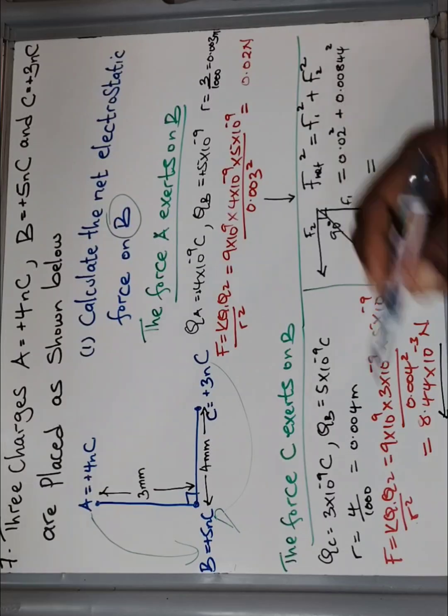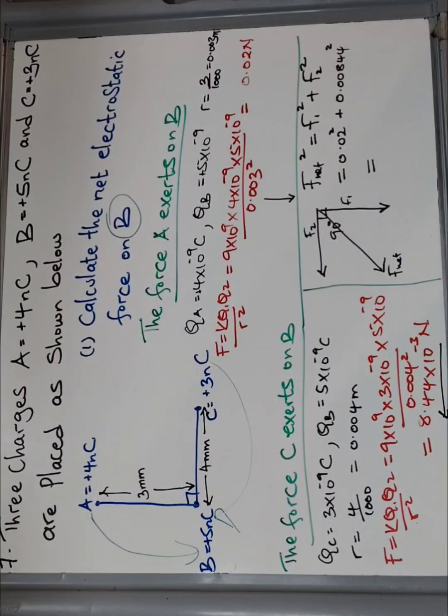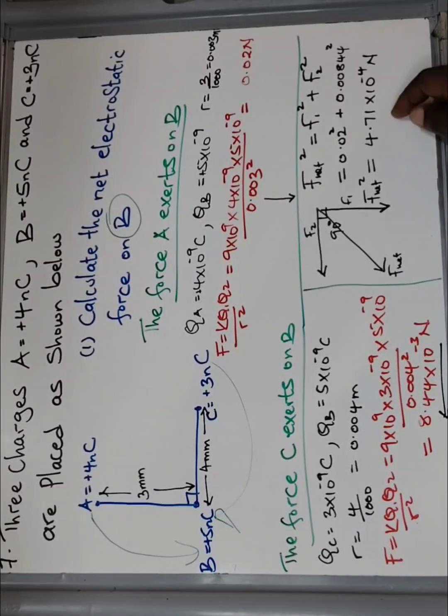And what do we get out of that? Let us see. So this is what we have. F net squared is equal to that. Next step is to find the square root of each.